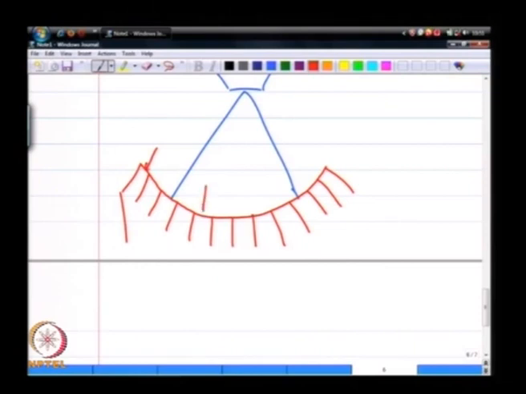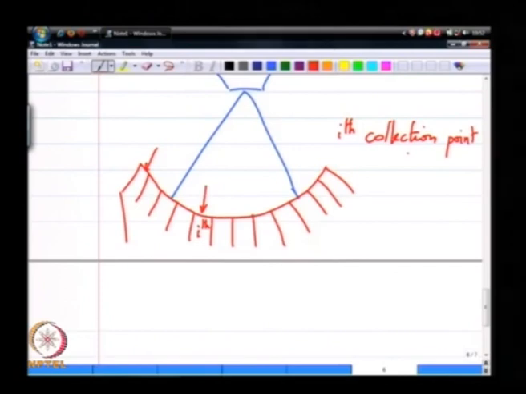where I could place this patternator concentric with the orifice on the spray nozzle. Now, the advantage of this is that each of these collection annuli are at the same distance from the spray nozzle.